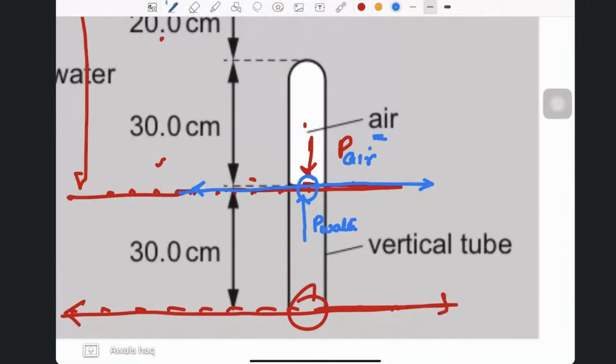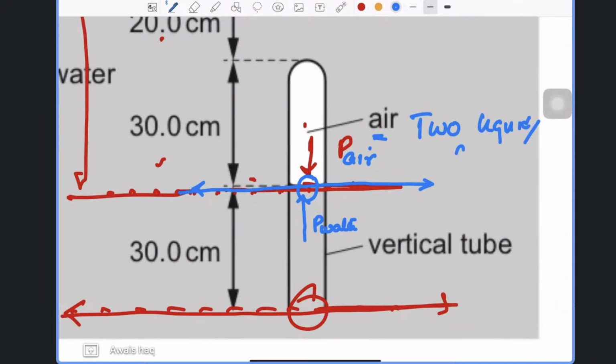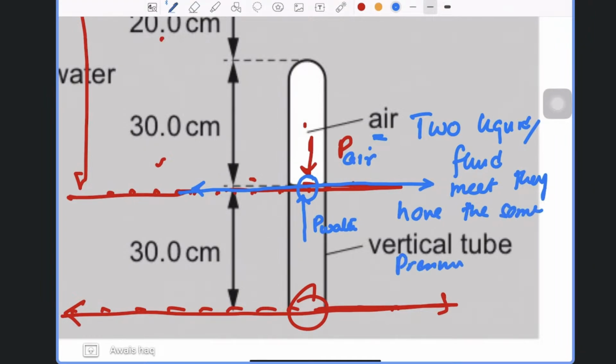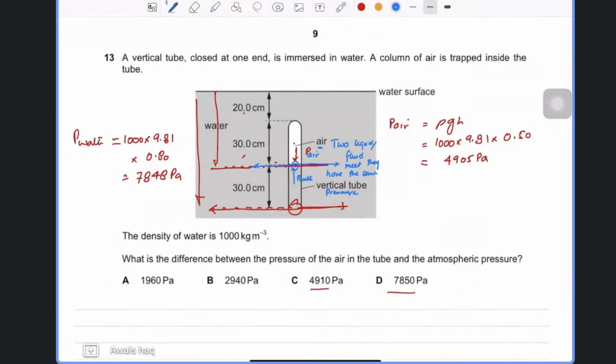Yes. Now, what I want to tell you is that at this depth, wherever two liquids or fluids meet, they have the same pressure at that point, right? Because this is the same point that we're looking at, the air is being pushed up and the balance is here.